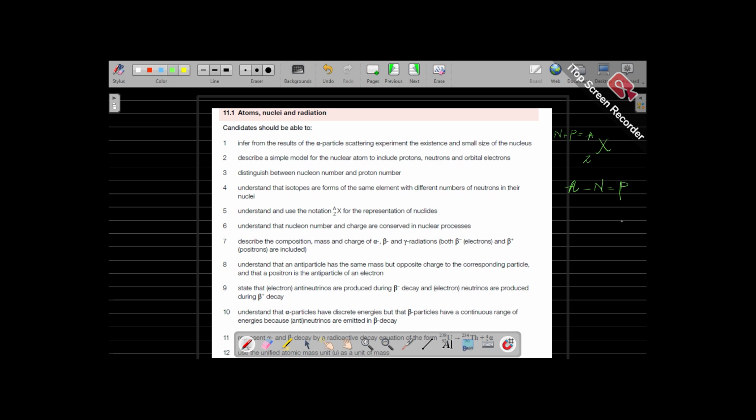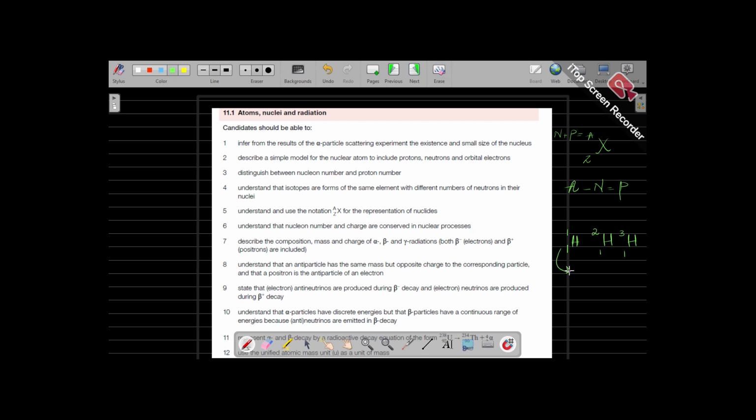The next we have is understand that isotopes are forms of the same element with different numbers of neutrons in their nuclei. Let's say, for example, we have isotopes for hydrogen. Remember, this is what we used to have: 1 1, 1 2, and we have 1 3.